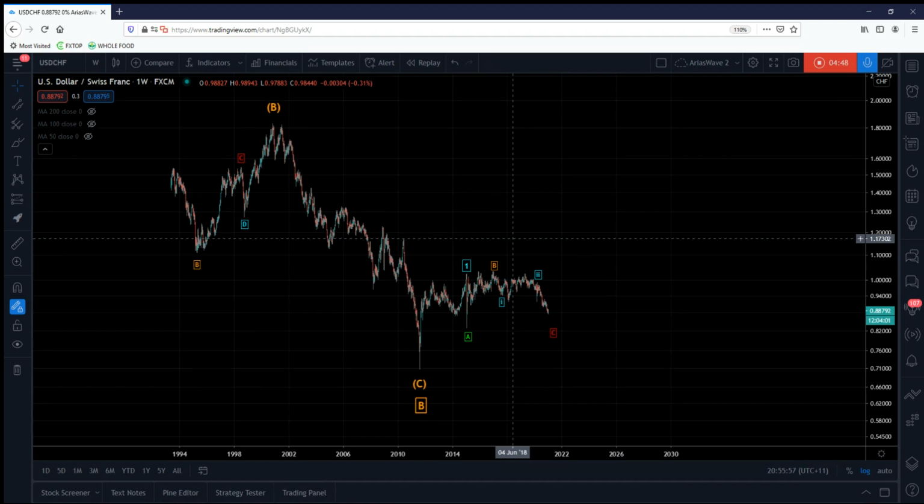Now, because wave 2 up the top was short and sharp, wave 4 will be fairly extended and sideways, which means that the USD is not going to collapse any day soon, right? But it does have other implications as to what it can do to the markets, right? And I do believe that interest rates and the USD are correlated, okay?